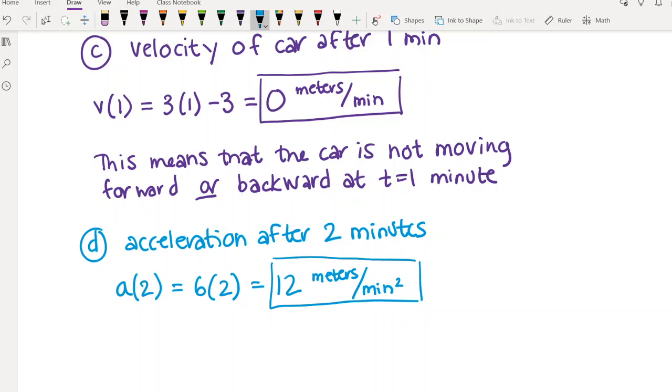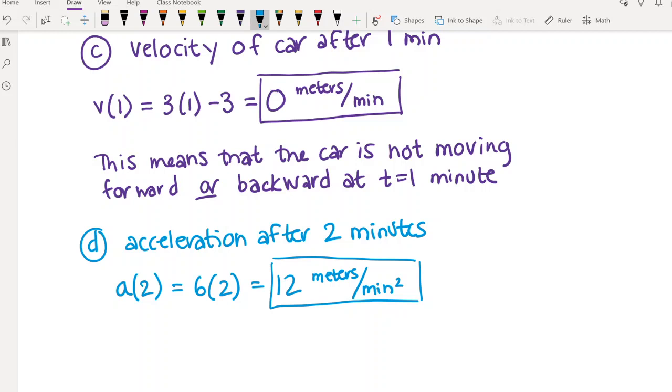And by the way, if I were to ask what this tells you about whether the car is speeding up or slowing down, you currently don't have enough information to answer that. So how would you figure out whether the car is speeding up or slowing down? You would have to also find the velocity after 2 minutes. And we talked in the video about acceleration and velocity, how something is speeding up when its acceleration and its velocity are in the same direction.